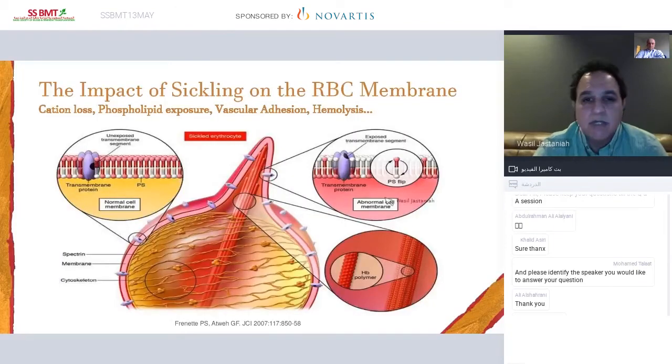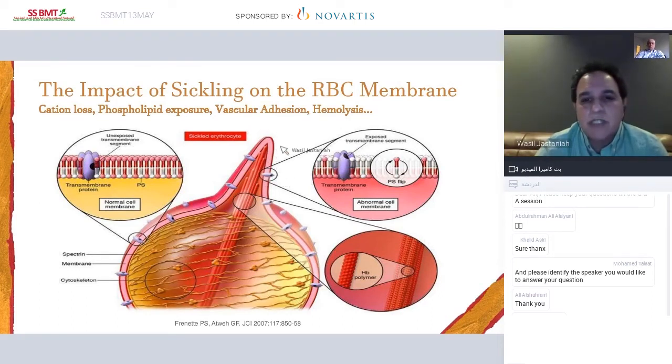So this red cell membrane damage as a result of the polymerization causes cation loss due to leaky membranes, causing red cell dehydration.